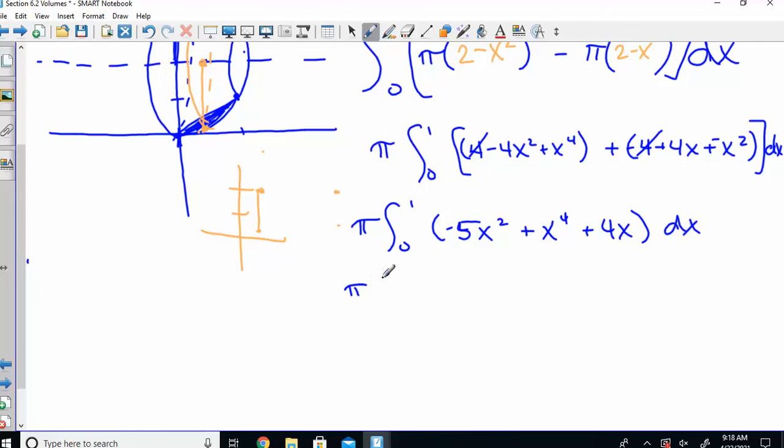So integrate. That would be a negative 5/3 x cubed plus a 1/5 x to the 5th plus a 2x squared.